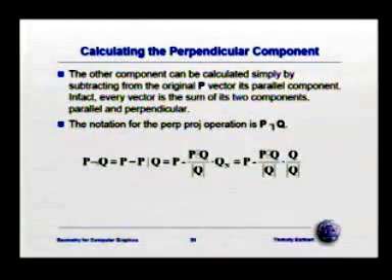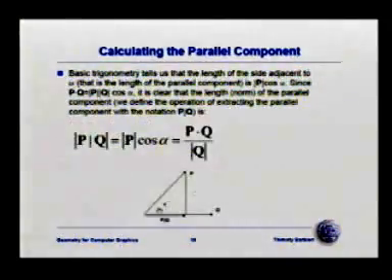Look, for the perpendicular component, I invented this symbol, which is the angle, to remember that it is perpendicular. So what we calculate here is the perpendicular projection of P in the perpendicular direction according to Q. So it is this one over here. Perpendicular according to Q.